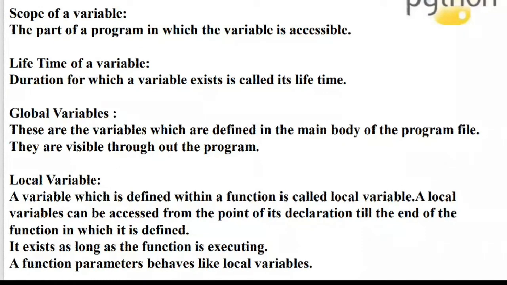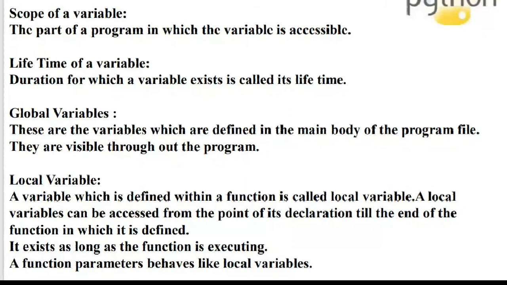So what is meant by the scope of a variable? The part of a program in which the variable is accessed. Say I have declared a variable inside a function. Whenever you declare a variable inside a function, the variable becomes local to the function. If you try to access that variable outside the function, it will say, I don't know this variable.